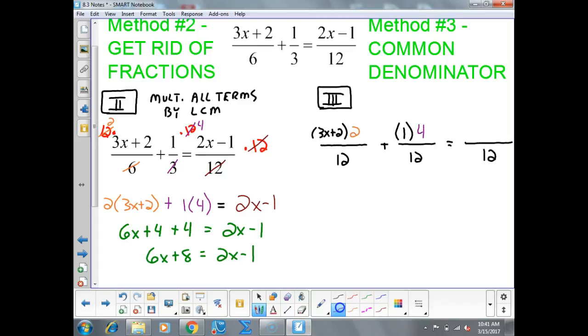Okay? And then my last one was 2x minus 1. And that one's already in my common denominator form.